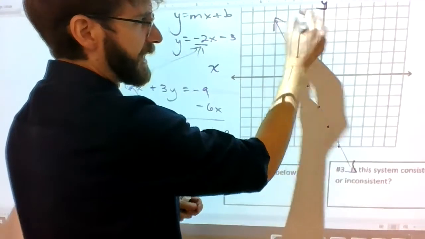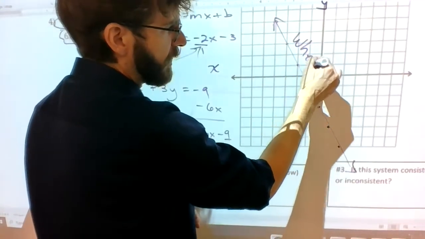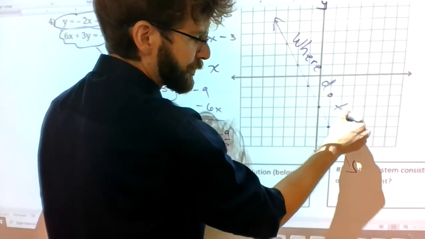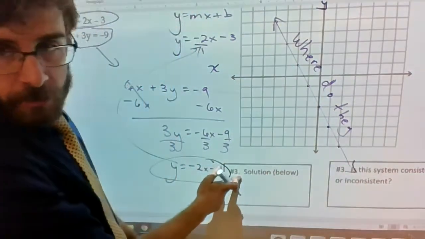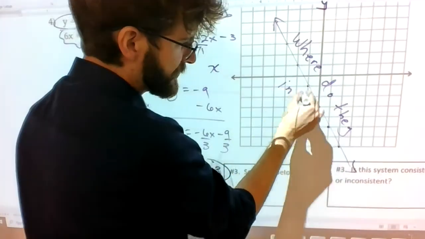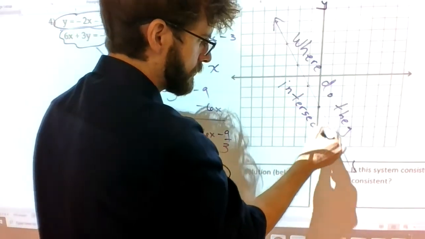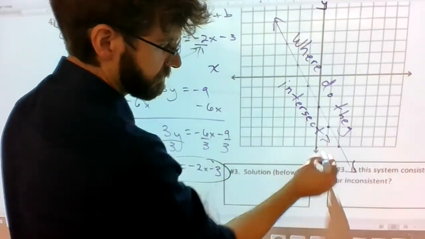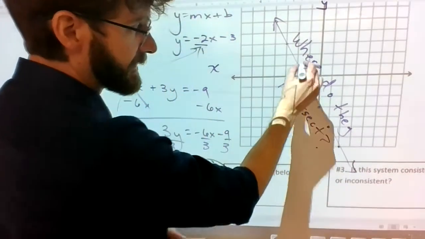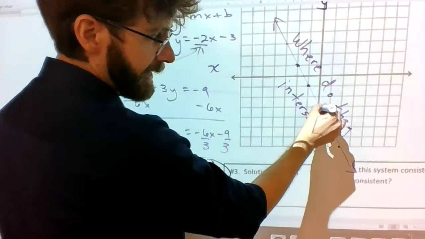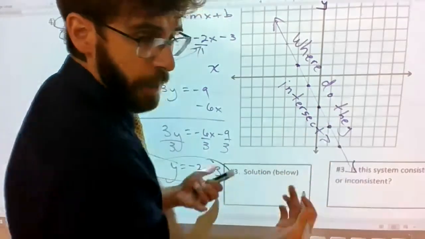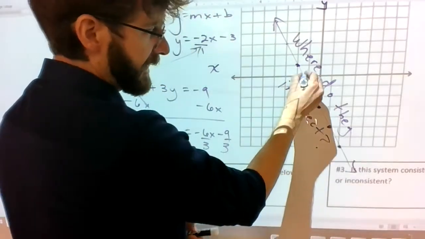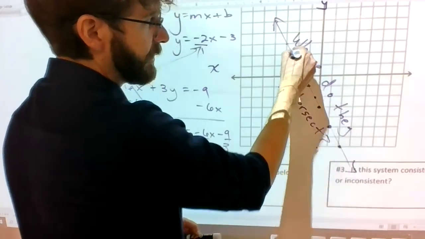So when you start asking, where do they intersect, which is the solution part right here, where do they intersect? Well, they intersect here, and here, and here, and here. Everywhere where they overlap.